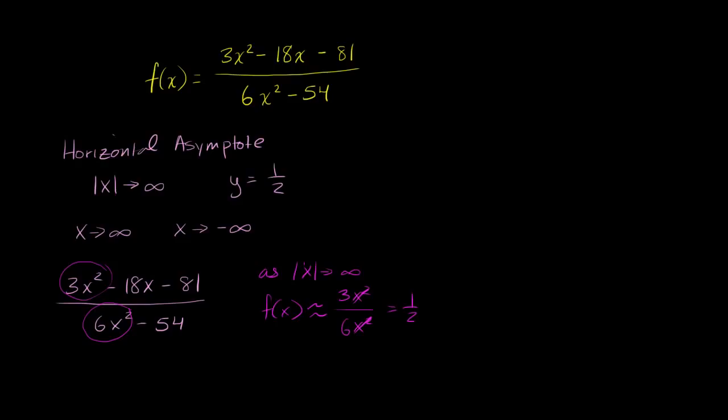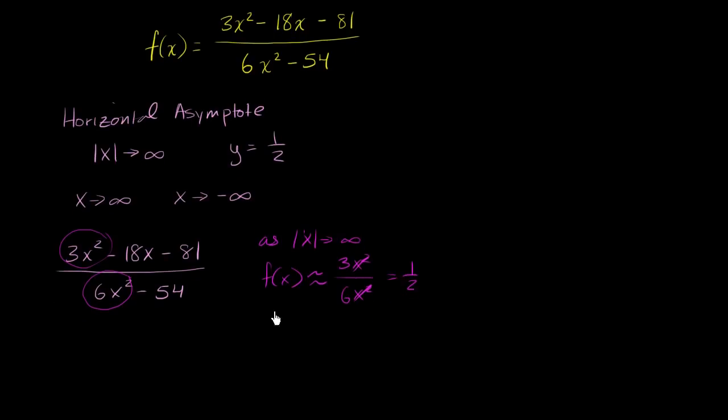Another way we could have thought about this, if you don't like this whole little bit of hand-wavy argument that these two terms dominate, is that we can divide the numerator and the denominator by x raised to the highest power in the numerator and the denominator. The highest degree term is x squared, so let's divide both the numerator and denominator by that.